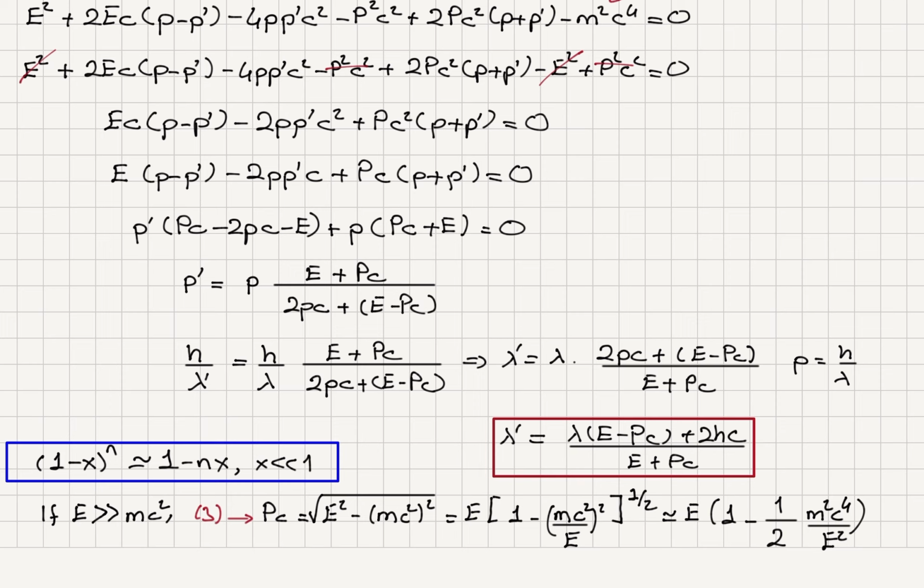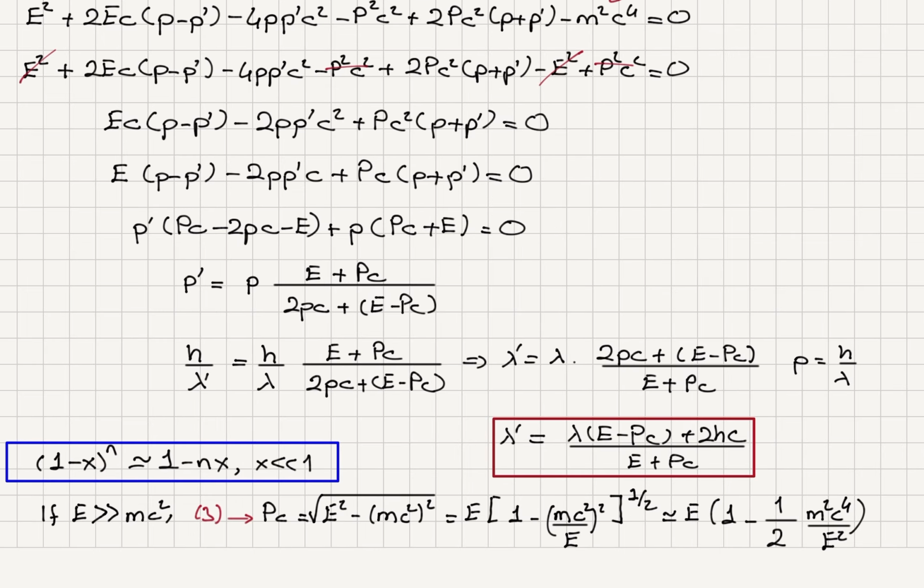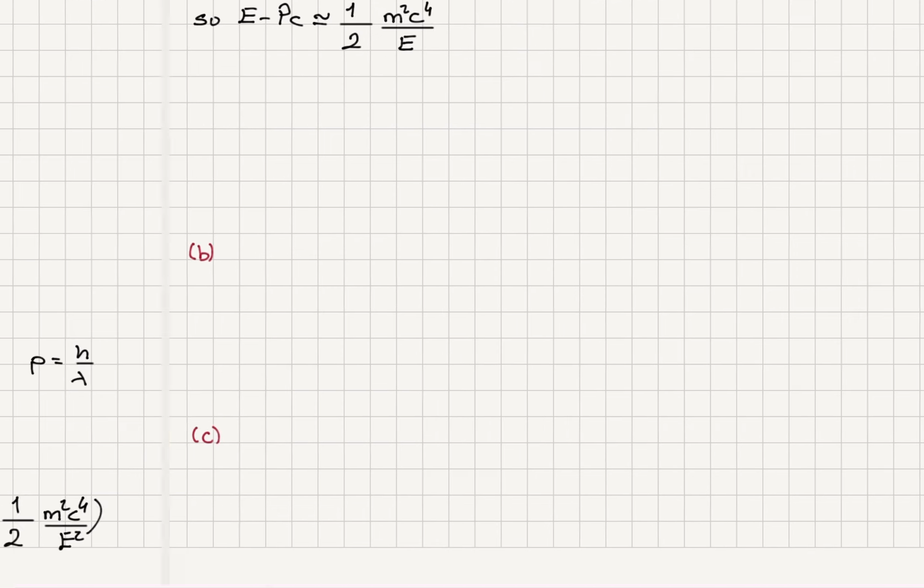So if I look at this term, capital E minus capital P times C, that would be equal to capital E minus capital E. So the capital E's would cancel, and then this minus sign would become plus 1 over 2 m squared c to the fourth power divided by E. So let's write that result here: capital E minus capital P times C is approximately 1 over 2 m squared c to the fourth power divided by the energy E. Then I have this E plus PC term at the bottom.